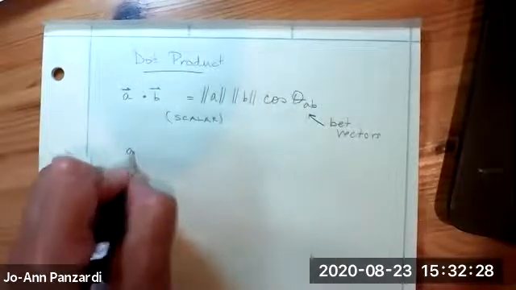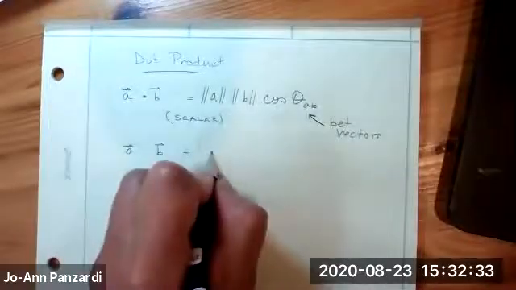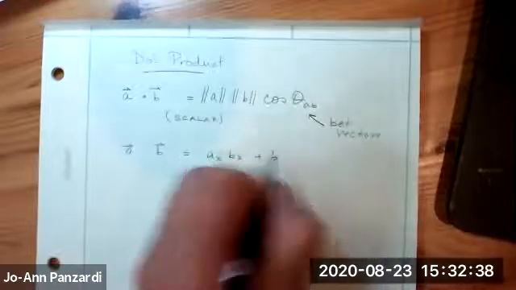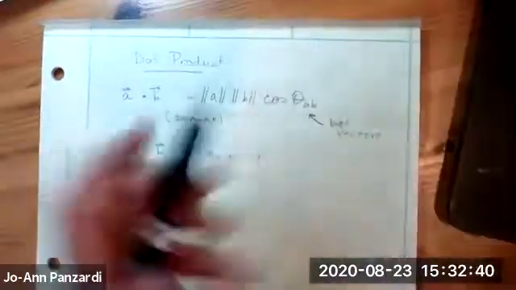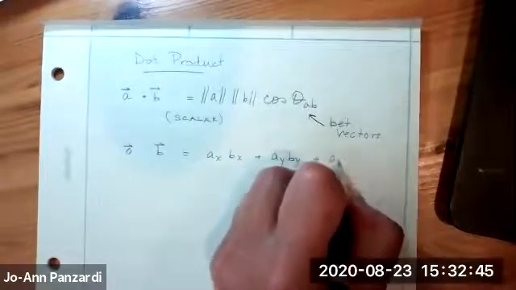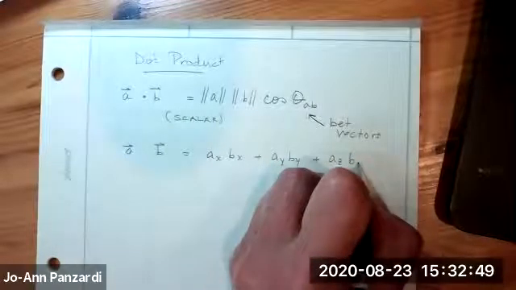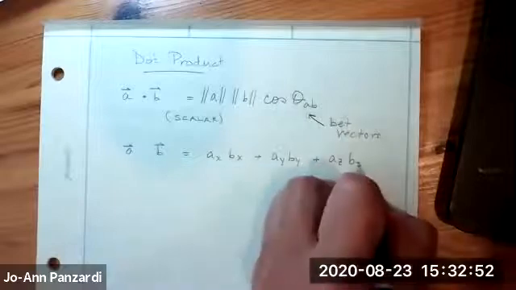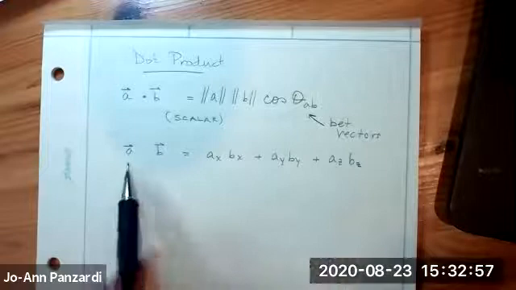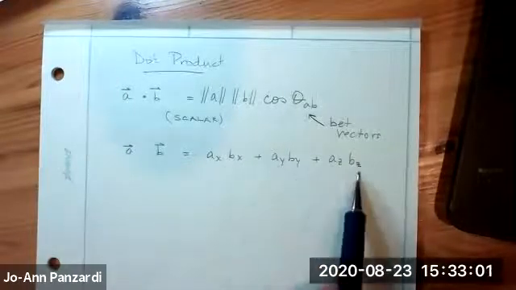Another way to solve for a dot product is if you know the components of the force, you take the x component of A and multiply it by the x component of B, and add to it the y component of A times the y component of B, and then the z component of A and the z component of B. So I took the x, y, and z components of A and of B and multiplied the x's together, the y's, and the z's together.